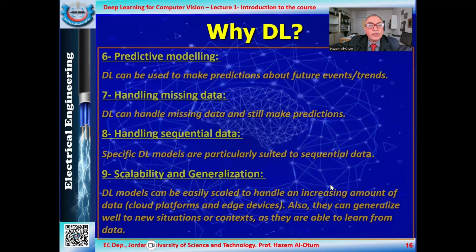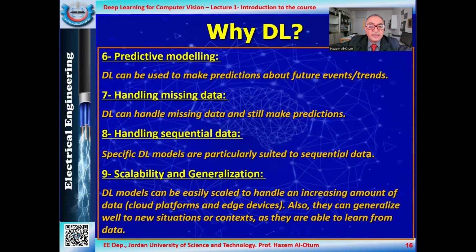Also in deep learning, you can apply predictive modeling, so you can predict what the next step will be in the future. You can upgrade, update or improve and recover missed data using deep learning. You can also handle sequential data, the same as we have seen in videos.